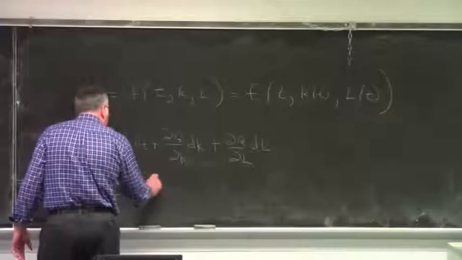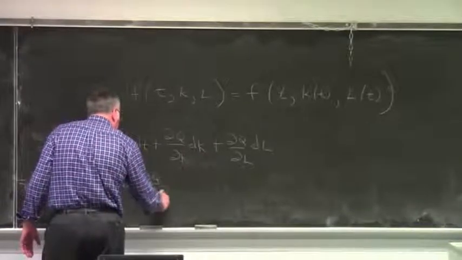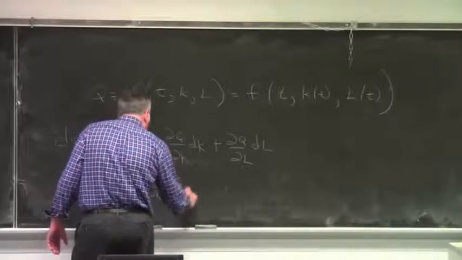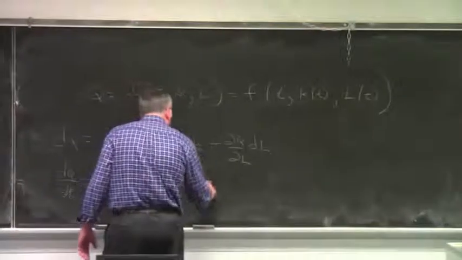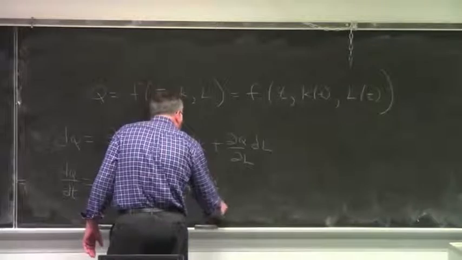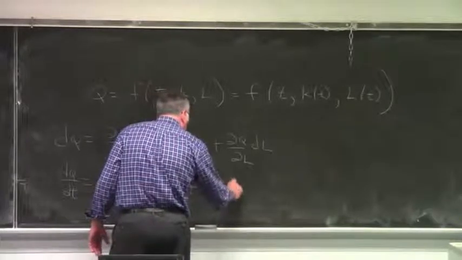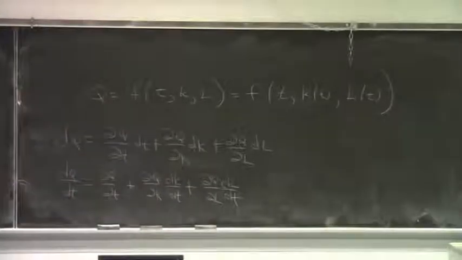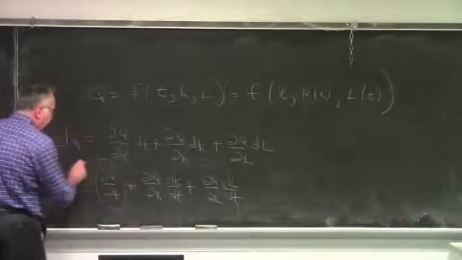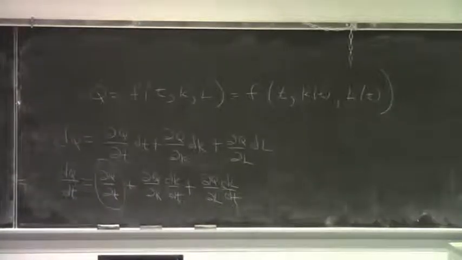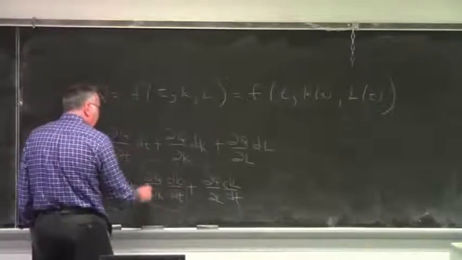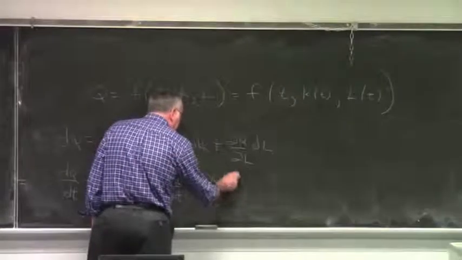Plus partial Q, partial K times dK/dt, plus partial Q, partial L times dL/dt. Now, this term right here, Jessica, is the direct effect. This is the indirect effect, same one we had before. And this is the indirect effect, too.